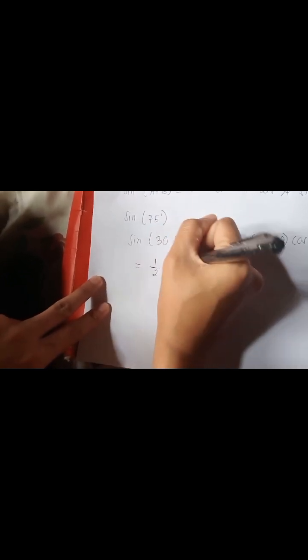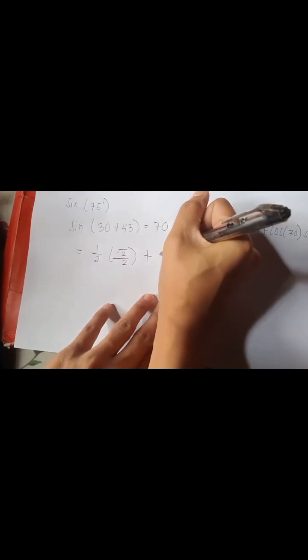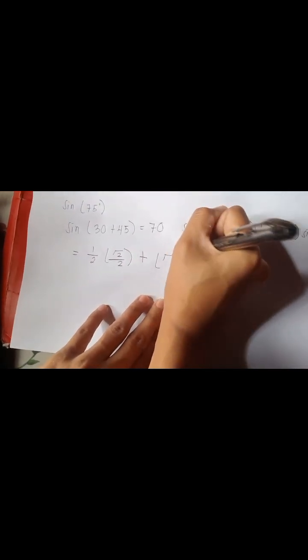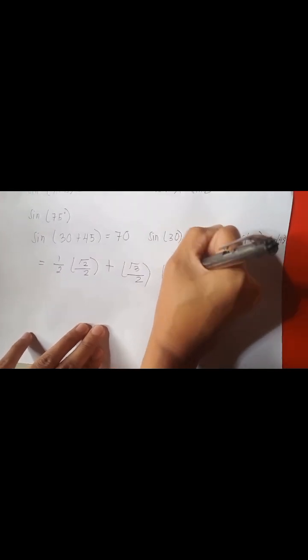So what is sine 30? So sine 30 equals 1/2 and cosine 45 is square root of 2 over 2, plus cosine 30 is square root of 3 over 2 and sine 45 is square root of 2 over 2.